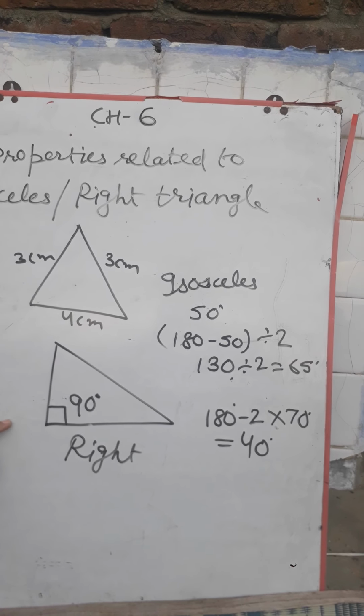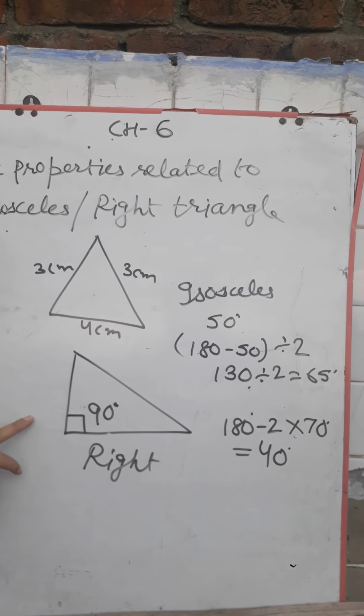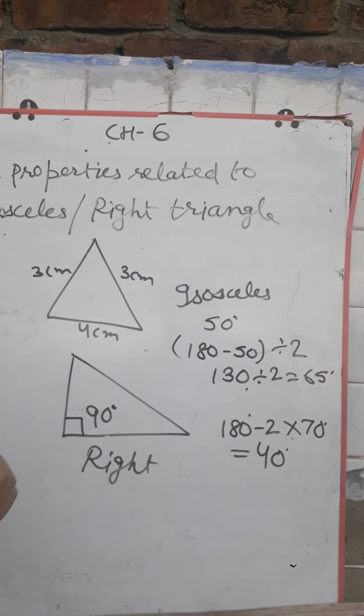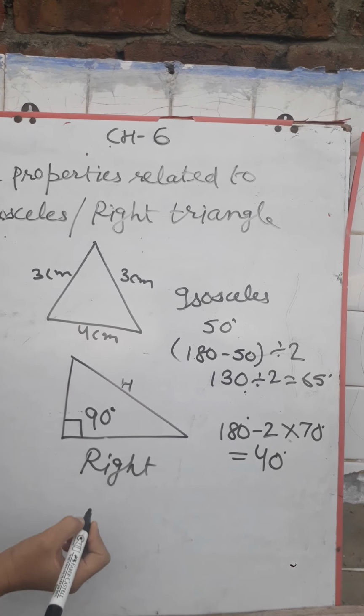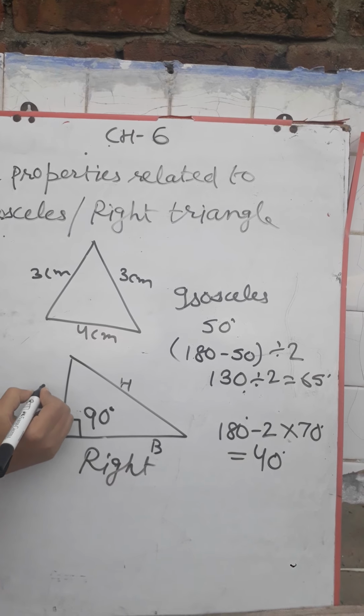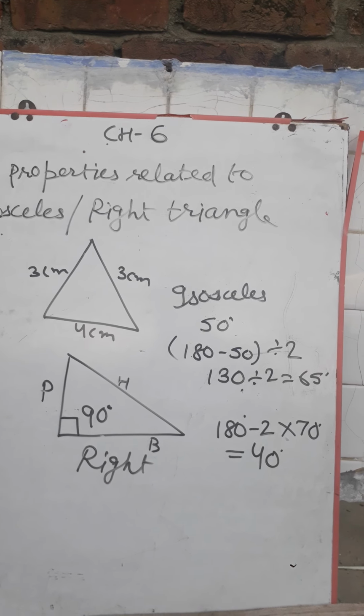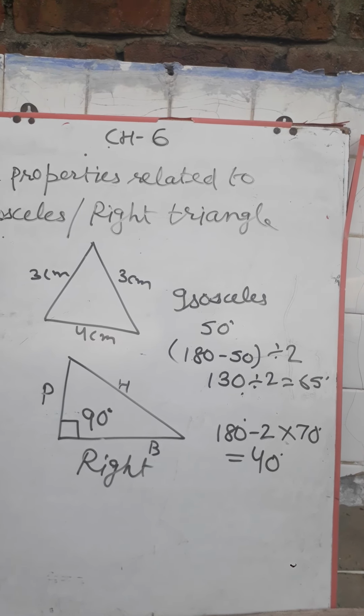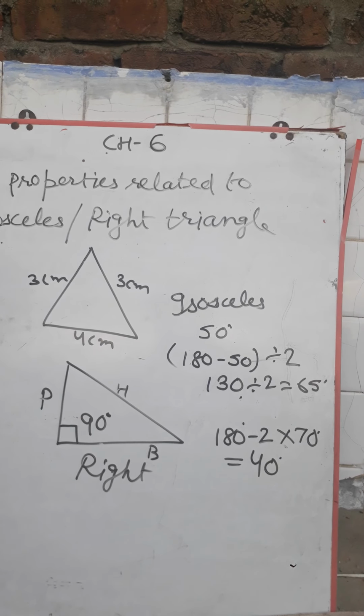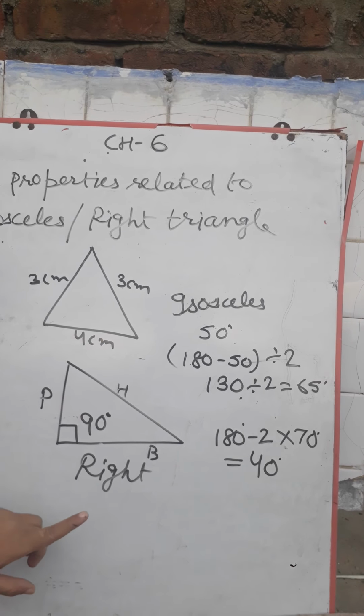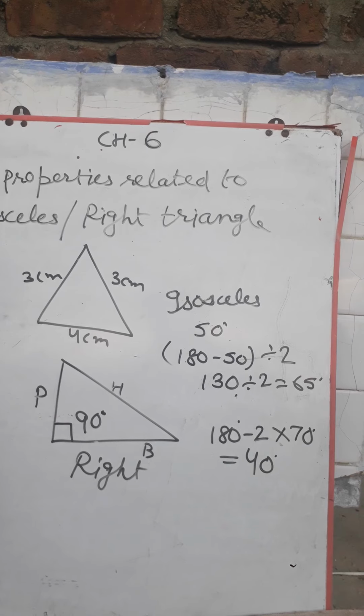In a right angle triangle, it is a hypotenuse, it is a base and it is a perpendicular. In a right angle triangle, the square of its hypotenuse is equal to the sum of square of its two legs.